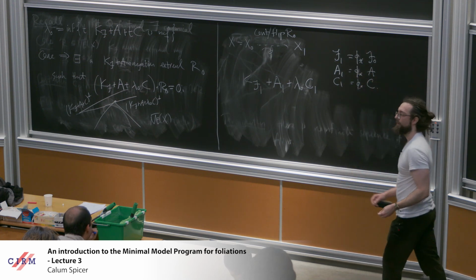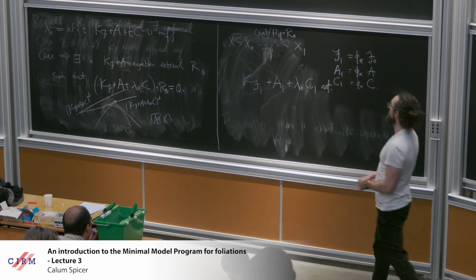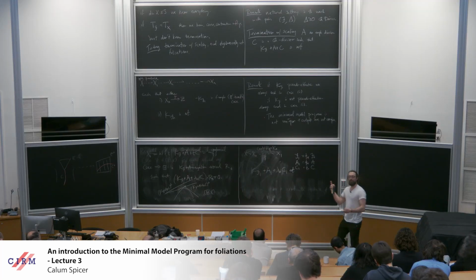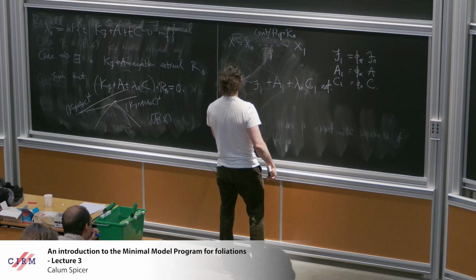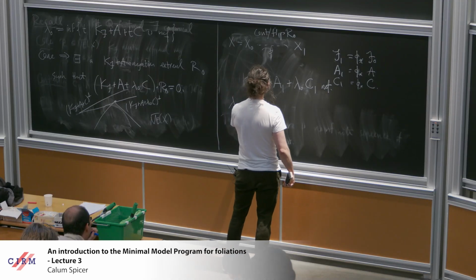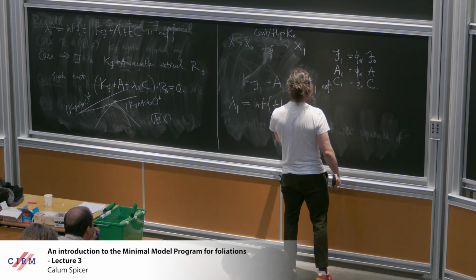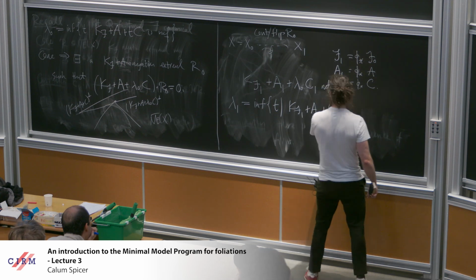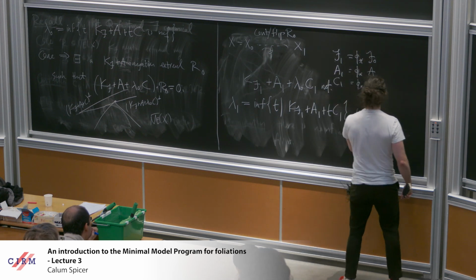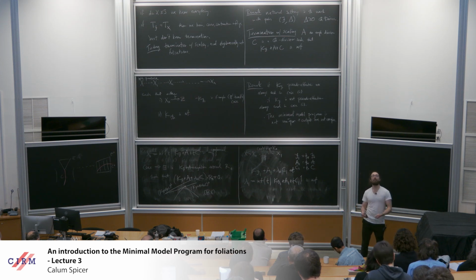So I get a whole new setup, but this thing is nef still. So I can play the same game. Now I want lambda 1 to be the infimum of t such that kf1 plus a1 plus t c1 is nef. And I can just play the same game again. Yes, please.